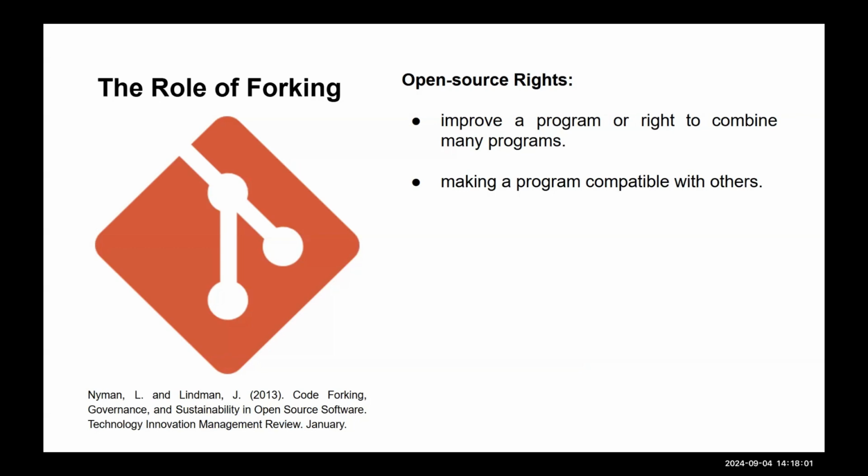You have that copy of the page, and everything there is reproduced. That's basically forking a physical book. In this case, we're forking a repository. So you would take that repository that I have in our organization, and you would make a copy of it.